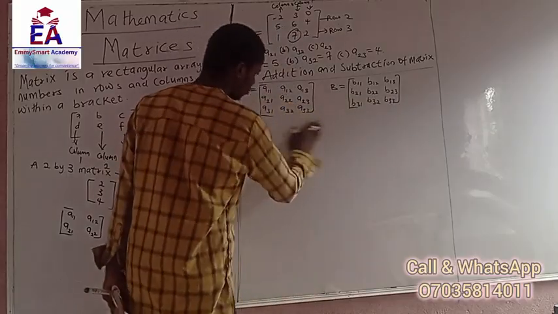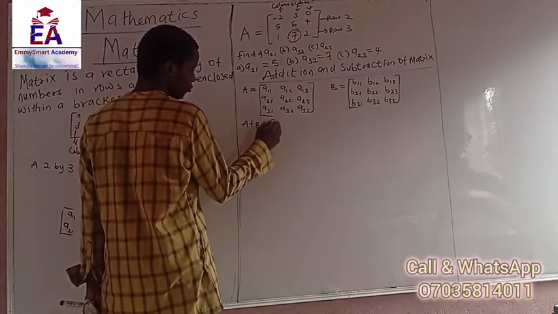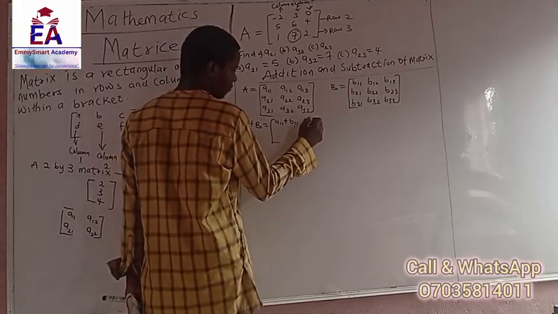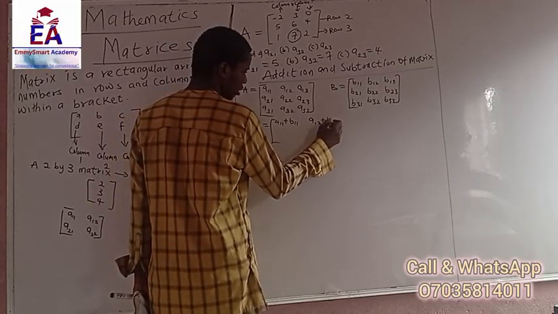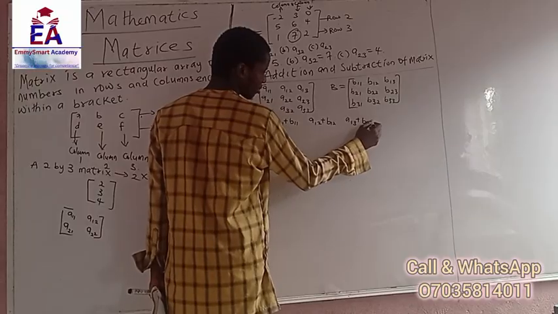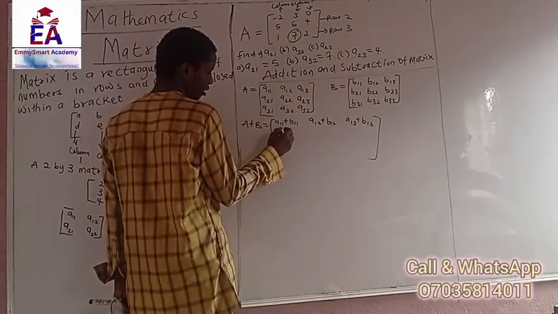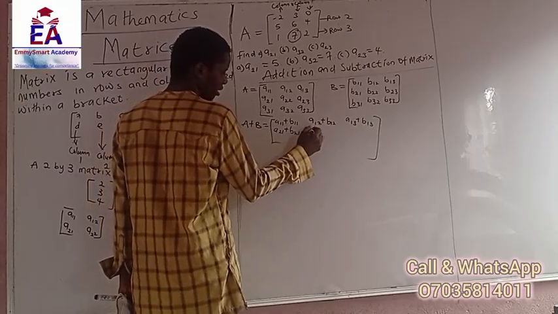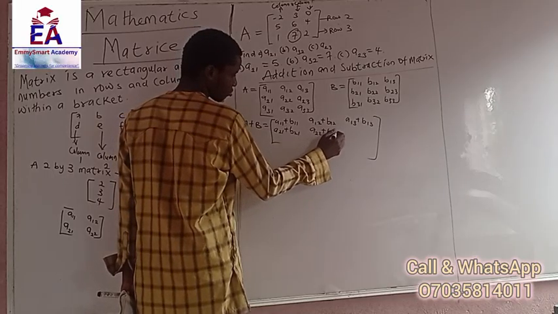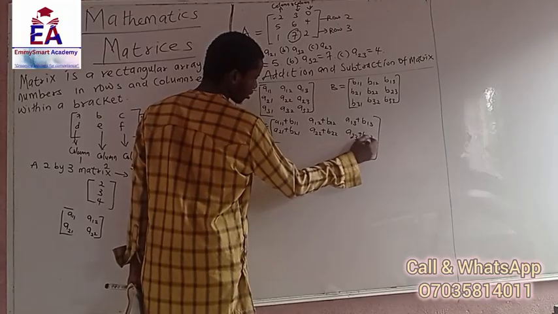Okay, so what do we do here now? I want to add them. So A plus B will be A11 plus B11, then A12 plus B12, then A13 plus B13. Okay, so we have A21 plus B21, A22 plus B22, A23 plus B23.